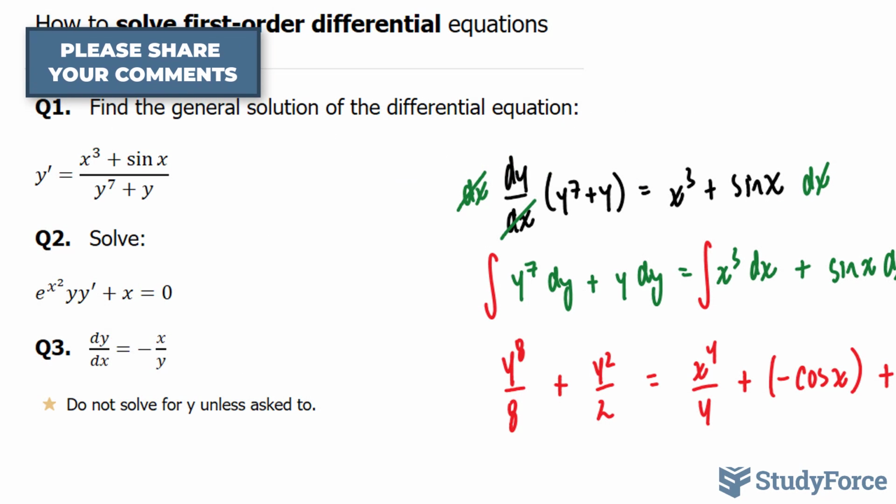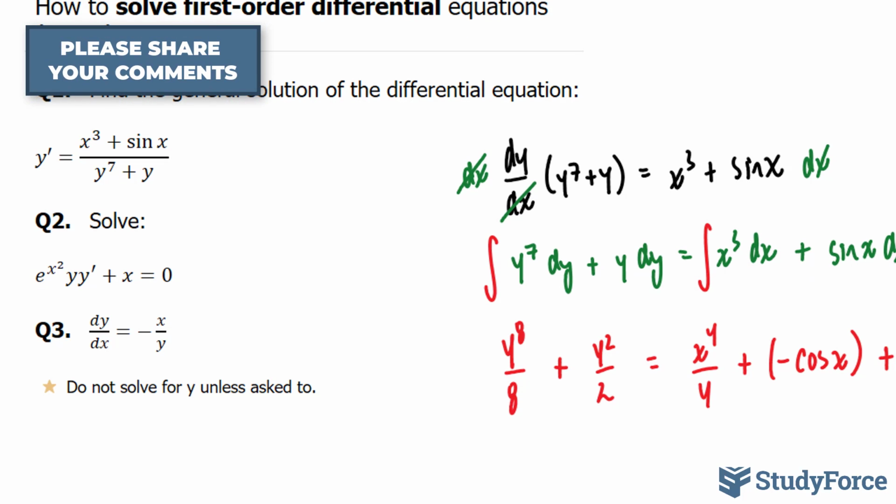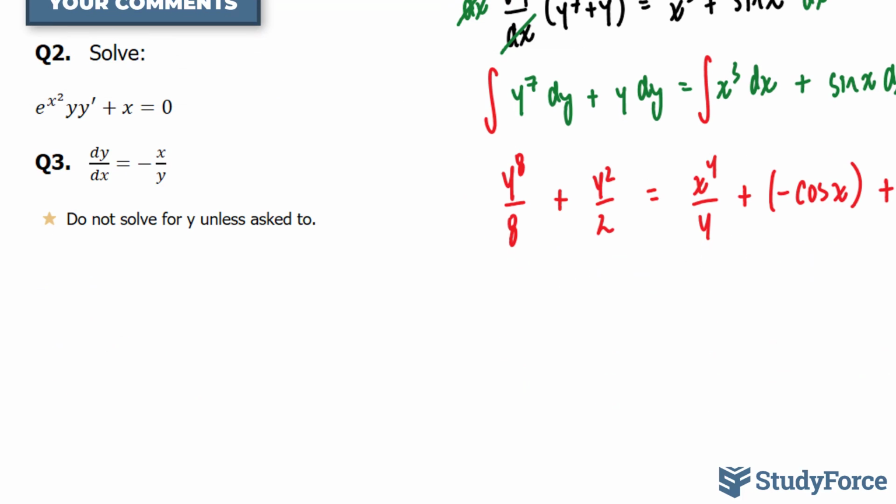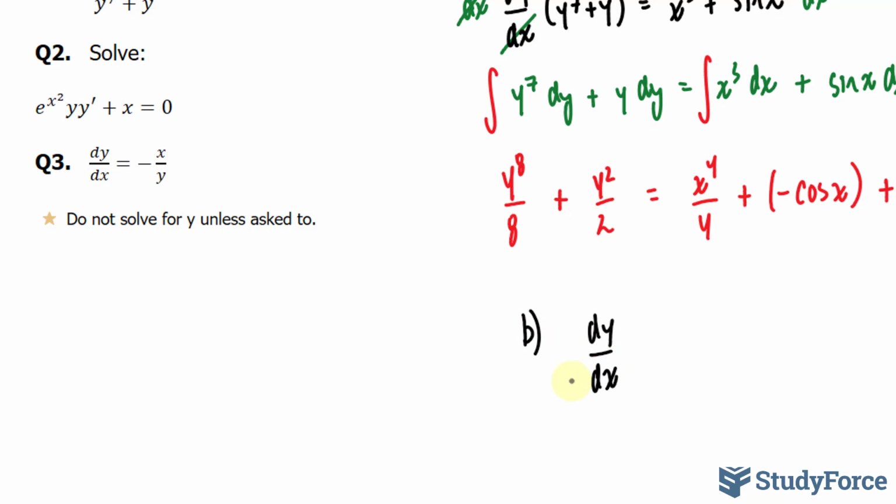Moving on to question 2, we're asked to solve e to the power of x to the power of 2 times y prime plus x is equal to 0. Once again, I want to switch this into dy over dx. So that will be that y prime. And beside it, we have y times e to the power of x to the power of 2 plus x is equal to 0.